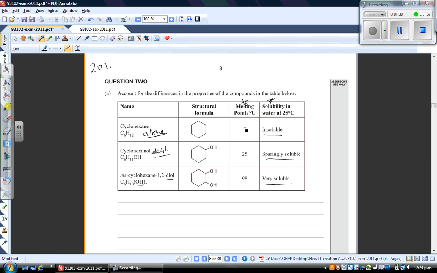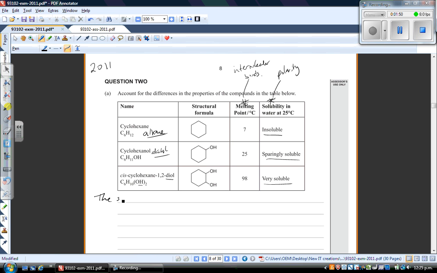The melting point difference then is also due to the strength of the intermolecular bonding. So solubility is due to polarity of the compound, and the melting point is due to the strength of the intermolecular bonds. So I just wrote this statement down.